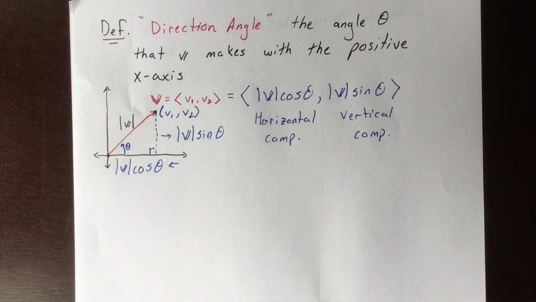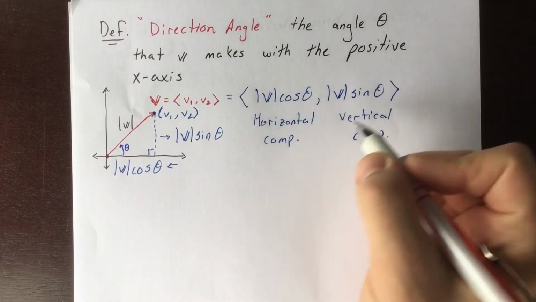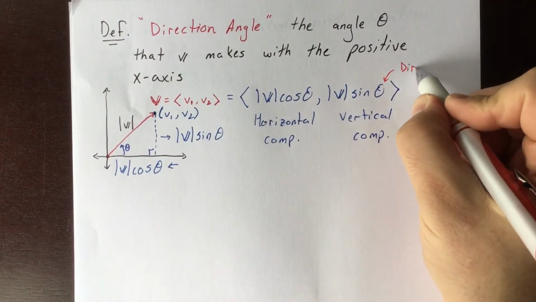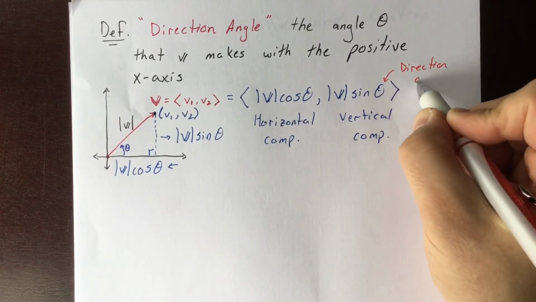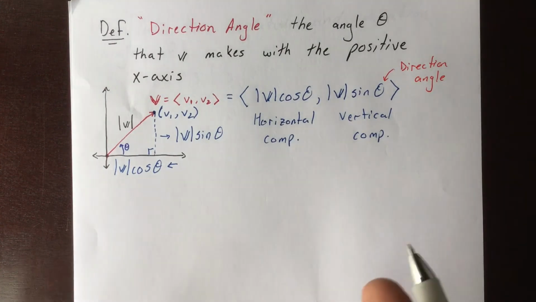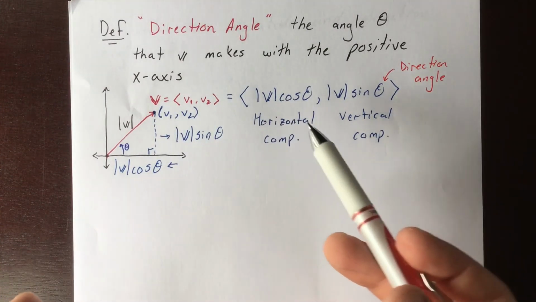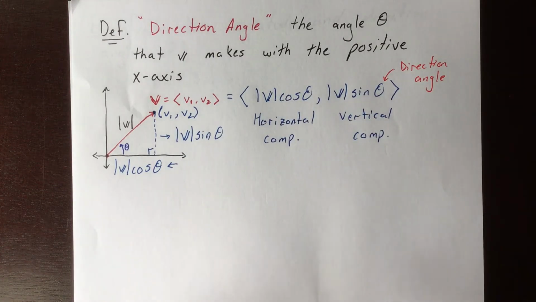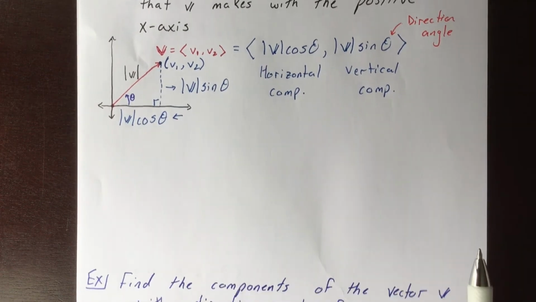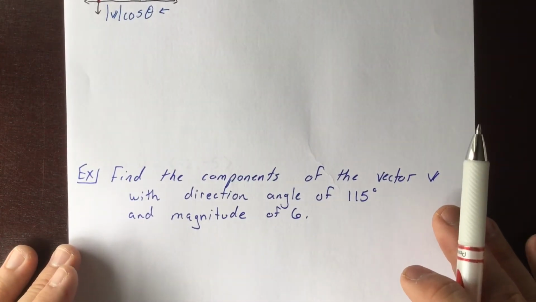Now, the theta you see here is the direction angle in both of these. So, knowing how we can rewrite the component form, let's look at a problem and examine how we can use direction angles a little bit.